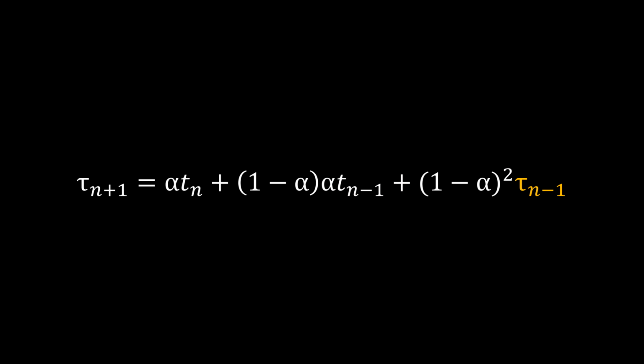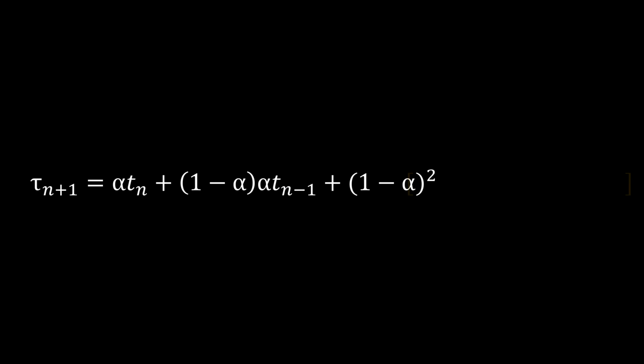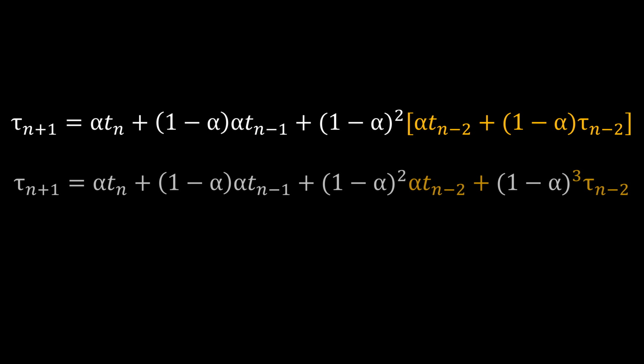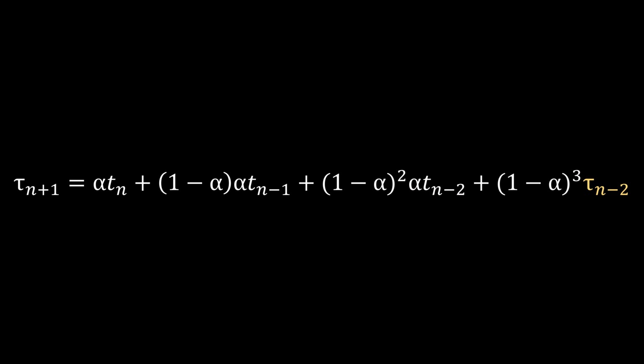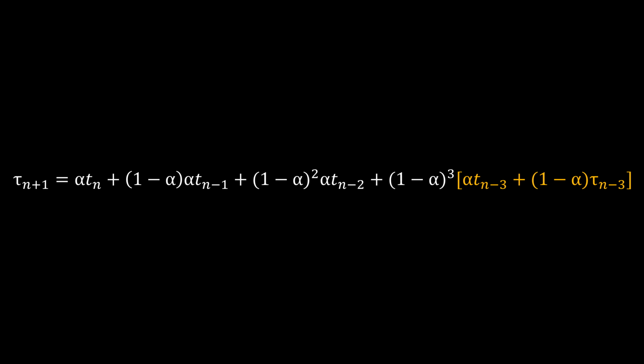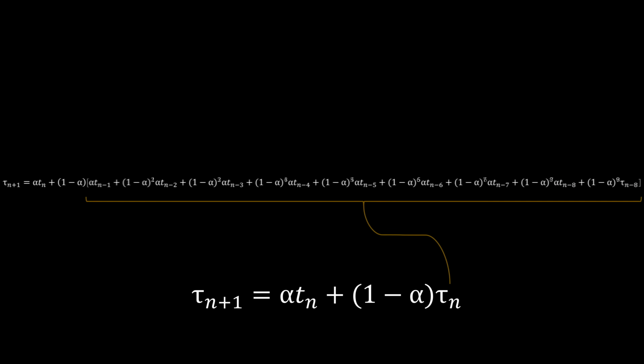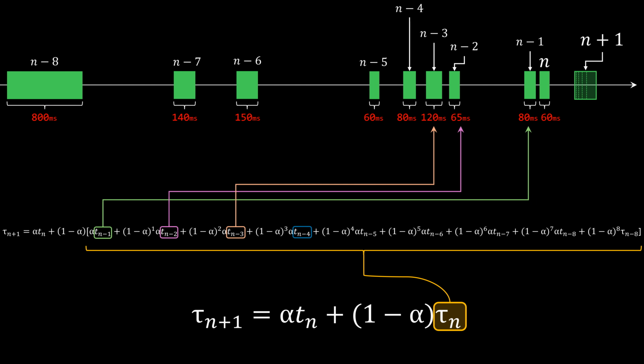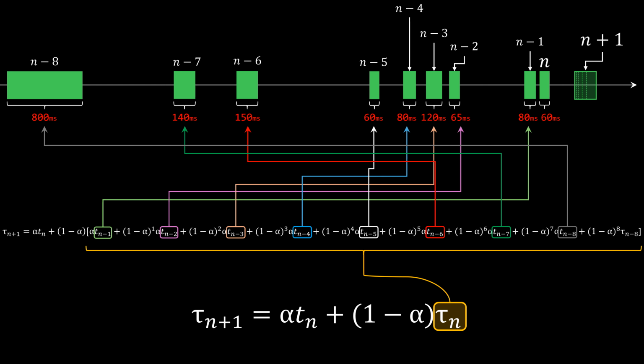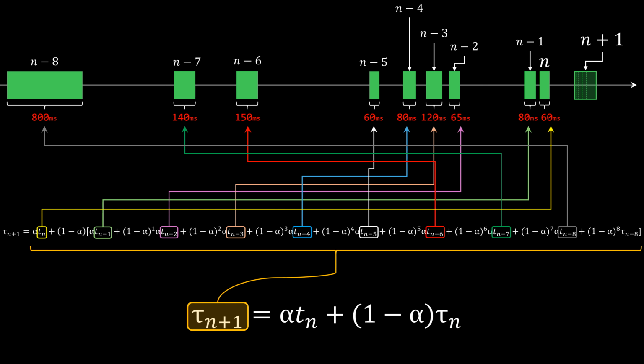Since tau sub n-1 is the prediction before that, we can expand it again. And then with tau sub n-2, and so on. What this shows is that this term retains the process's past history. As a result, we don't need to store an entire list of possibly thousands of CPU burst durations. We only need to keep the most recent prediction.